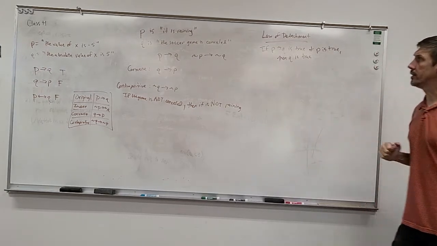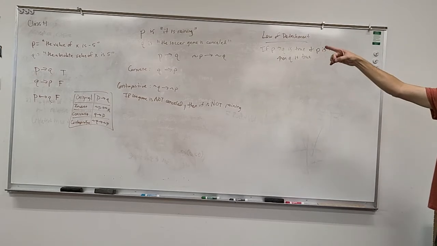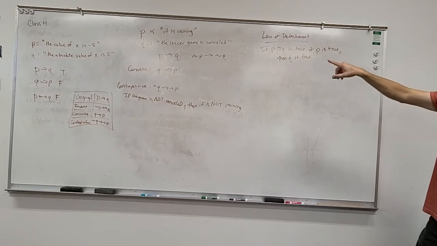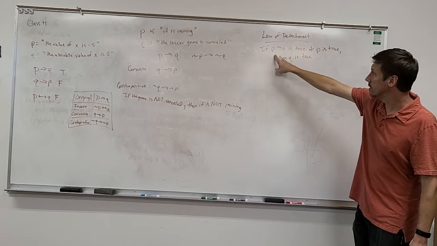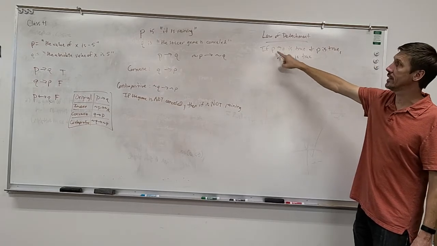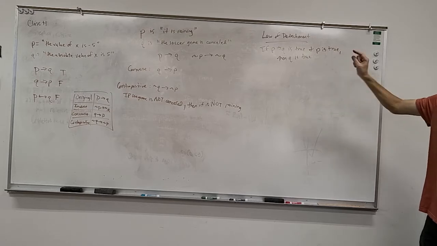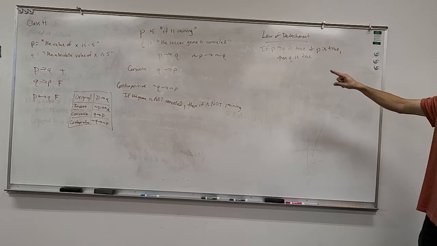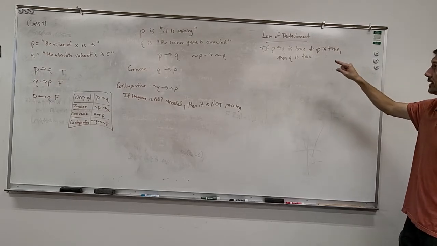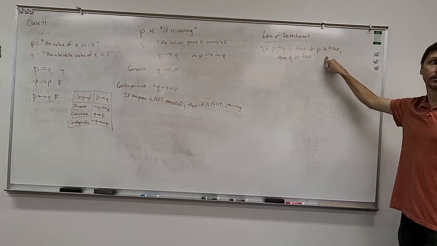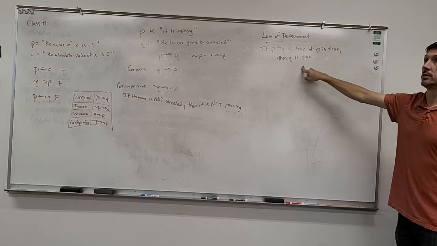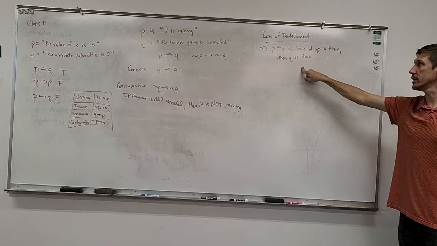And so if we think about our example here, and we say that if it is raining, then the soccer game is canceled. If that's a true conditional statement, and it is raining, then what also has to be true? Then the soccer game's been canceled, right?